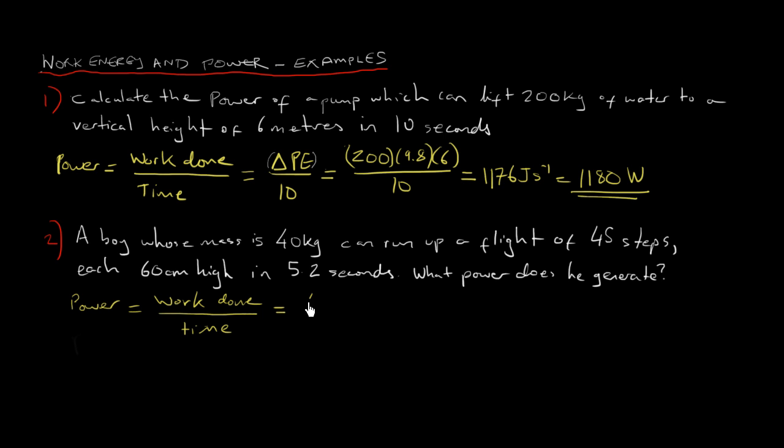So the change in potential energy divided by the seconds, which is 5.2, and this change in potential energy is his own mass, which is 40 kilos, times 9.8, the acceleration due to gravity, or the gravitational field strength, and then h is 60 centimeters times 45 steps. 60 is not in meters, so we've got to multiply it by 10 to the minus 2 so that we can get it in meters.